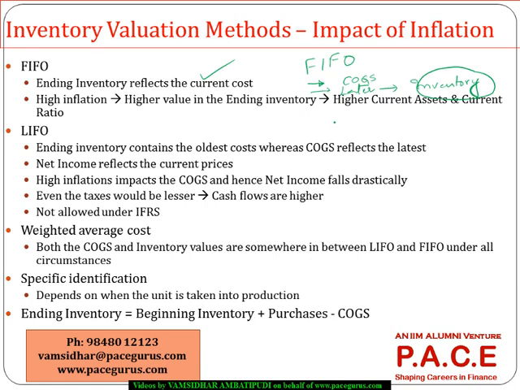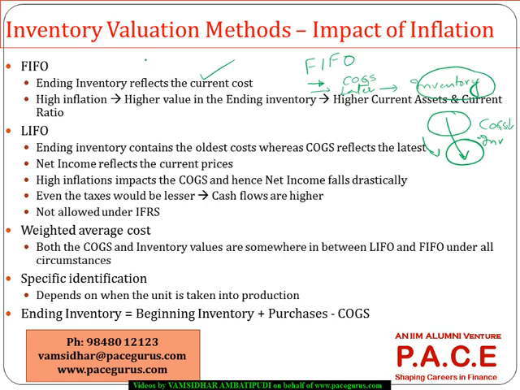So in case of inflation, especially, the prices are going to go up, because the earlier prices go into cost of goods sold. Cost of goods sold may be lesser, whereas the inventory, which accommodates the later purchased goods, which cost very high because of inflation, will have a very big number.